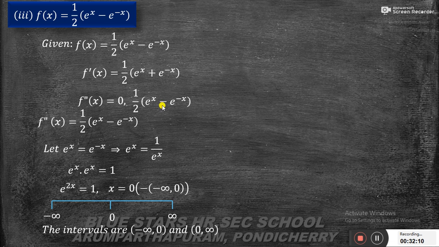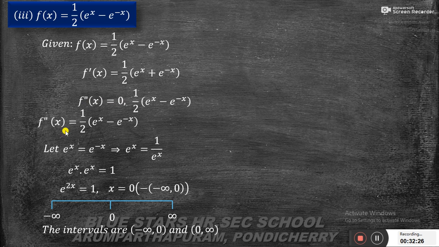Now we find where f double dash of x equals 0, because we make the intervals for that purpose, and concavity and inflection point, everything we will find out. So I take f double dash of x equal to 0.